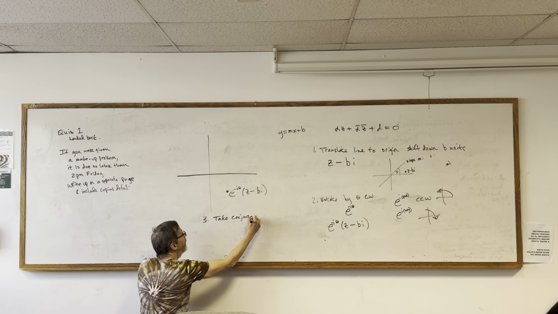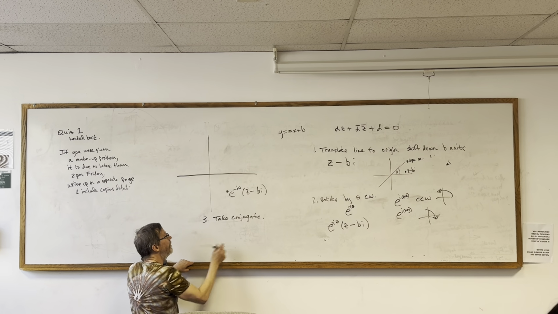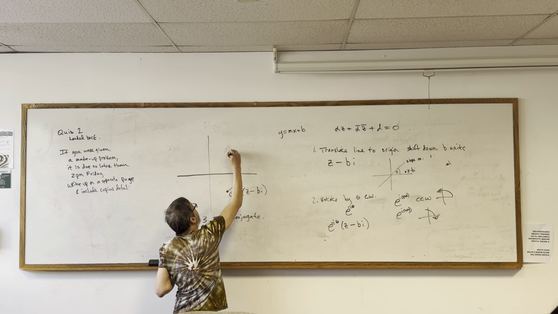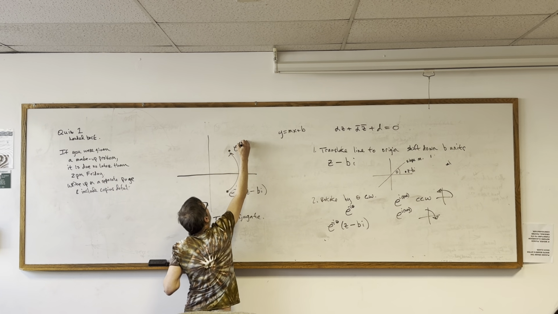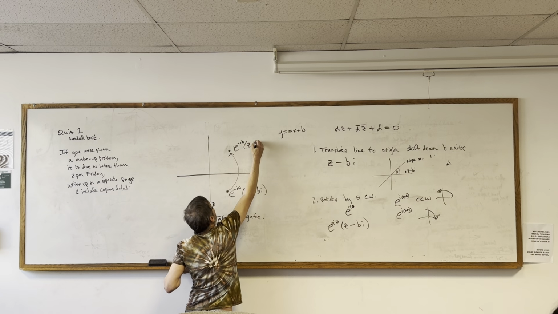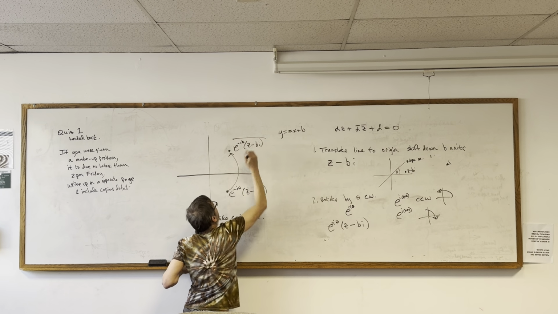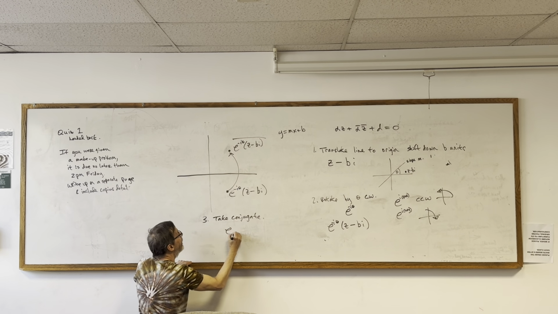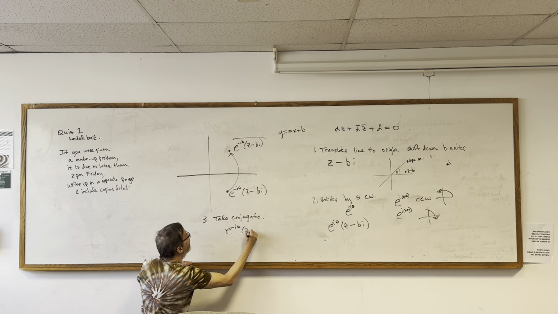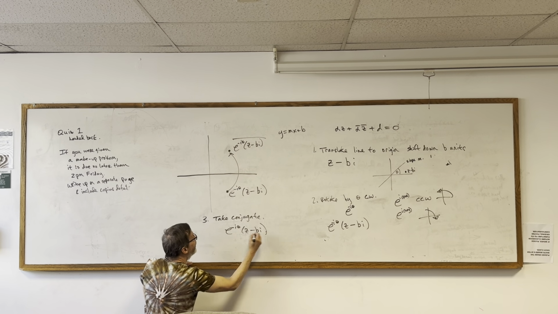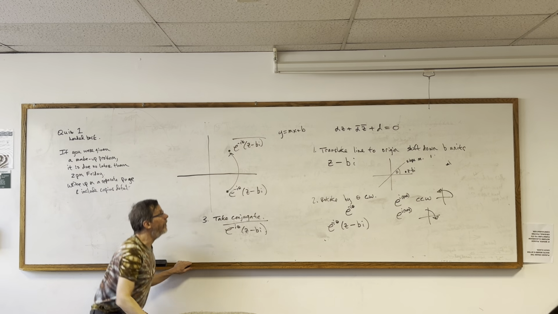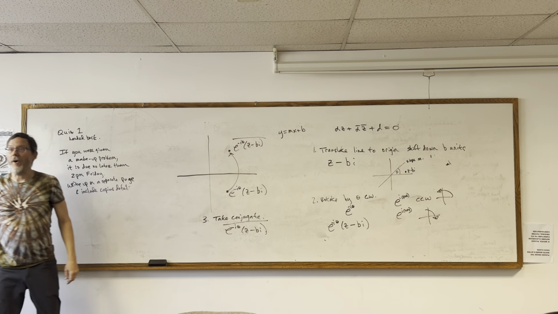And that's going to flip it over. So this is e to the negative i theta, z minus bi, conjugate. Cool. Now what?